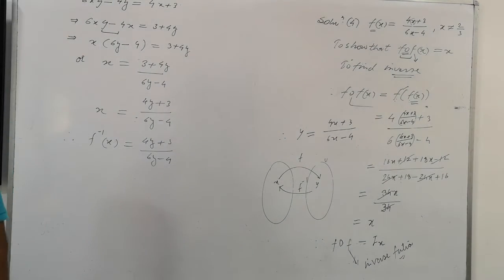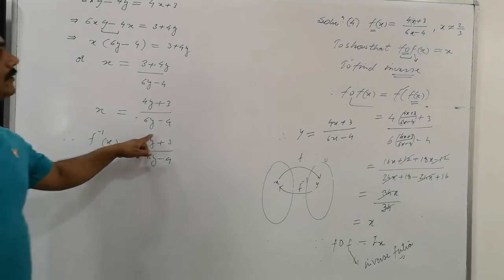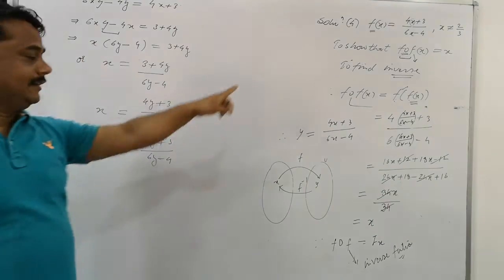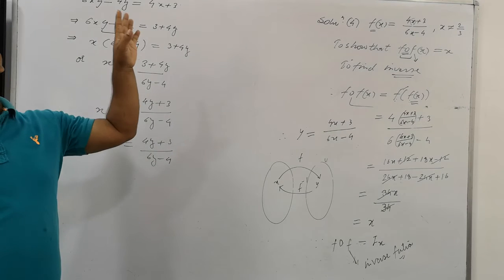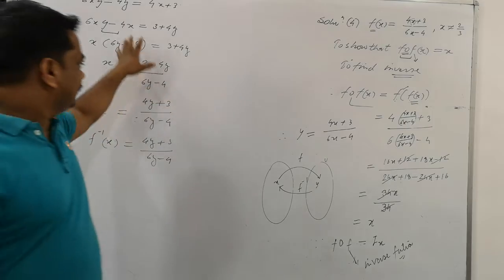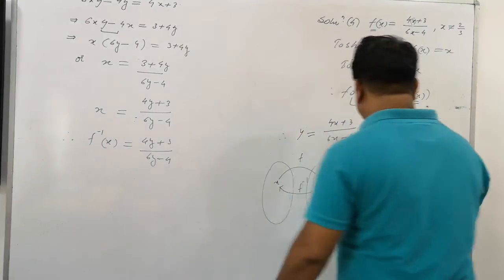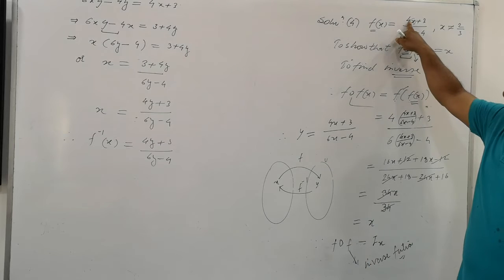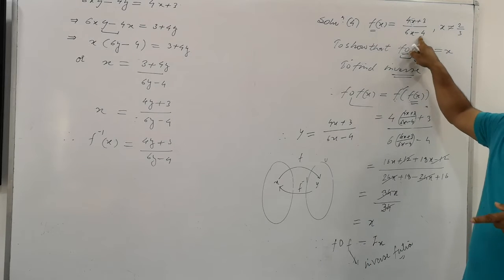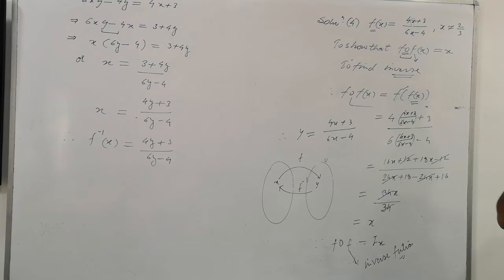Right now please check that the answer is the same. The function was 4x plus 3 over 6x minus 4, and here only y is to be replaced. So the inverse can also be written directly; it is not necessarily to be solved here. f inverse is 4y plus 3 over 6y minus 4. You can understand this. Now see the next question.